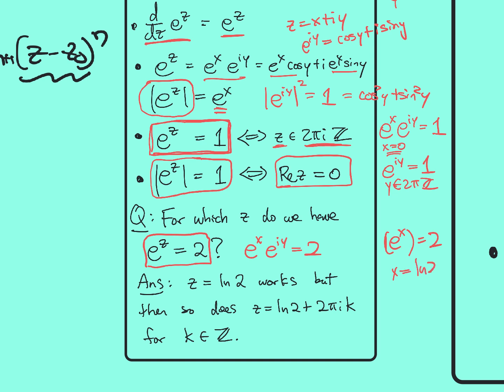That's the only solution to this for real x's. But once we have that established, we're back to the formula we just established up here, and the possibilities for y are the same as before. So the solutions to this are not just natural log of 2, that works, but natural log of 2 plus 2 pi i times integers.